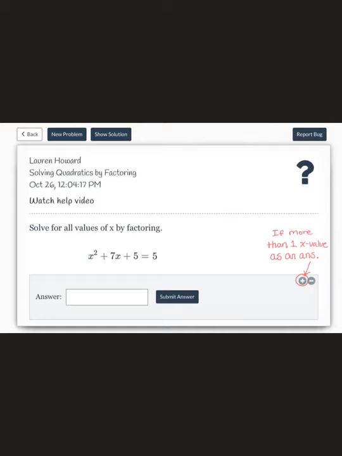Now, whenever you're doing this Delta Math assignment, sometimes you will have one answer and sometimes you will have two. So for example, in this problem here, I need to get it equal to 0, so I would subtract 5 from both sides, which would give me x squared plus 7x equals 0. Then you factor.